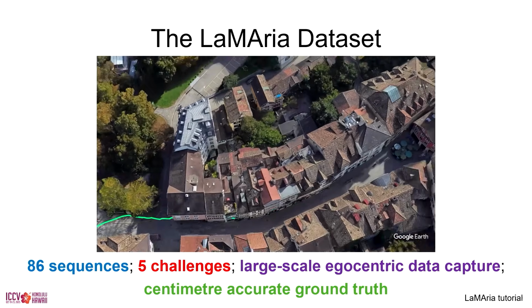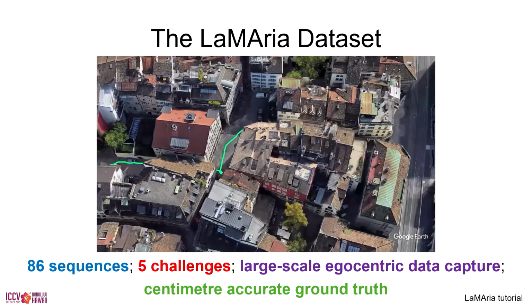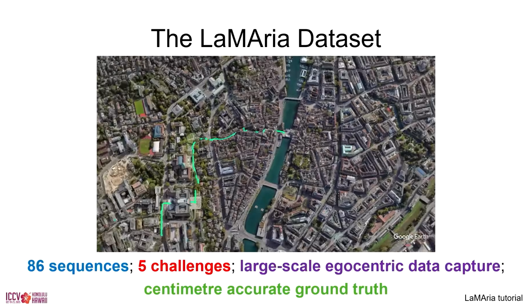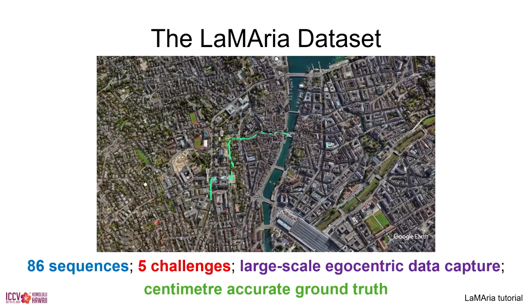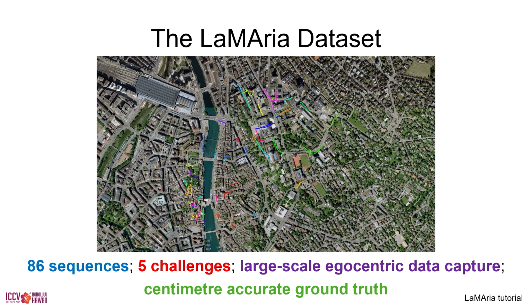But then in the LaMAria project, we decided we wanted really long trajectories to be able to keep track of and evaluate drift, not by looping back to the original position, which has some specific constraints, but by actually walking in a particular direction for a kilometer or two, and then validating how much error we accumulate over that.